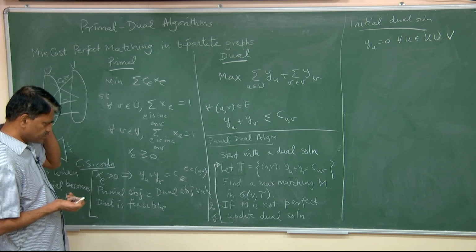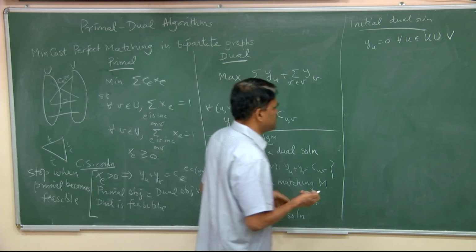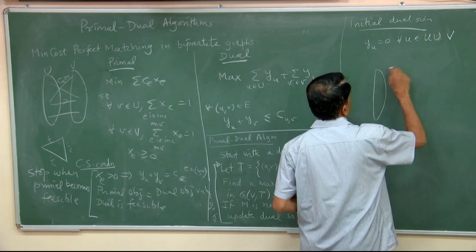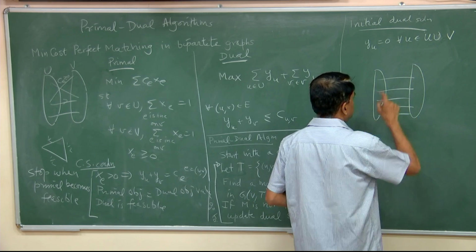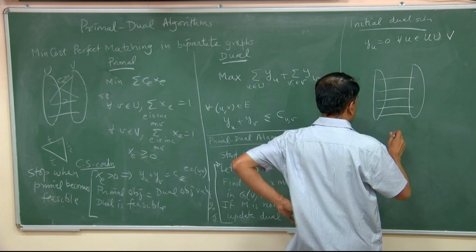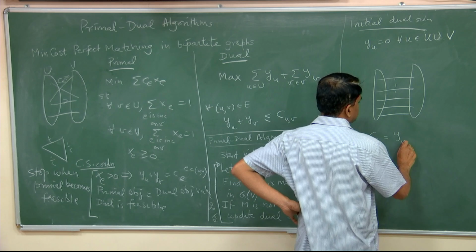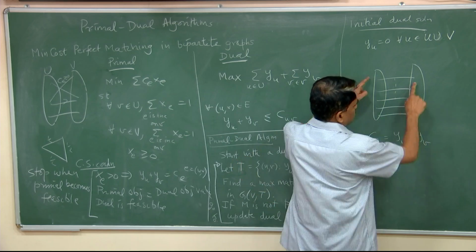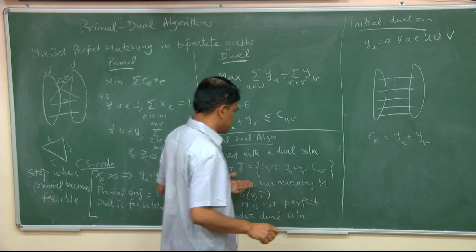Why is this satisfied? Because if I have a perfect matching on the tight constraints, then for every edge, c_e is exactly y_u plus y_v, because that's a tight constraint.